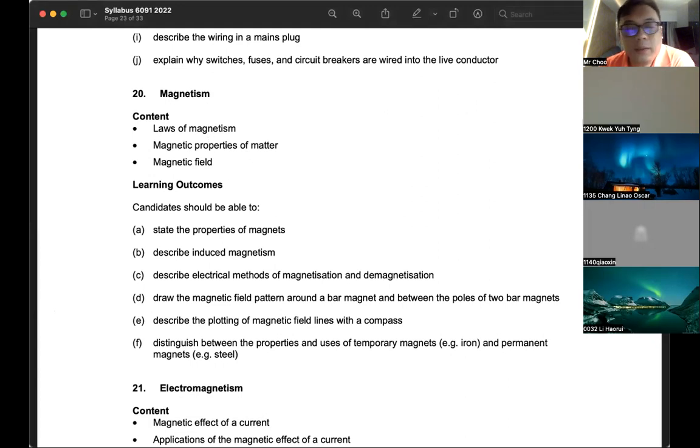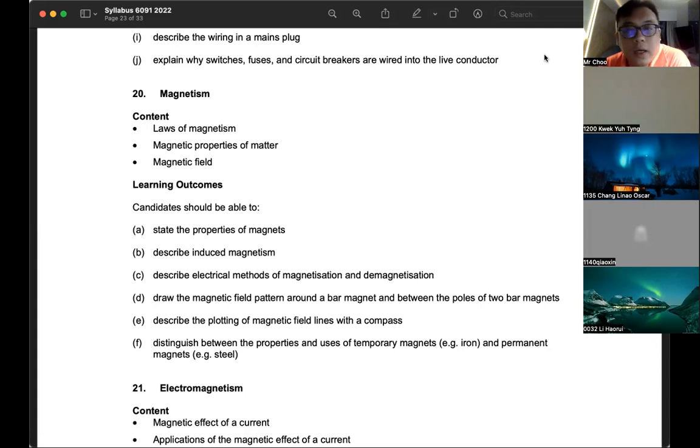Yu-Ting, well done. Two more students, can you try? What do you remember? What are the laws of magnetism? Correct, Chelsea. How about the rest of you, the boys?